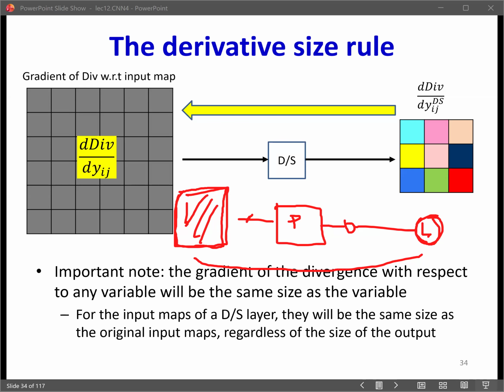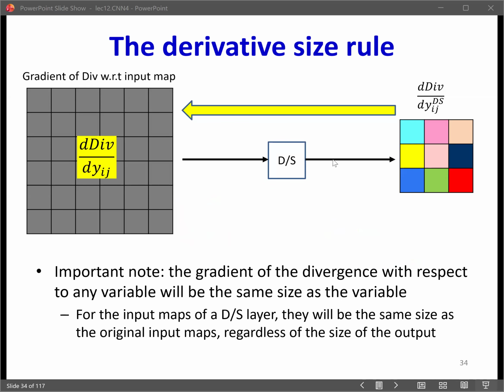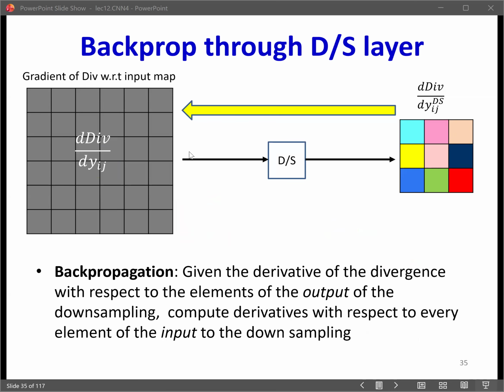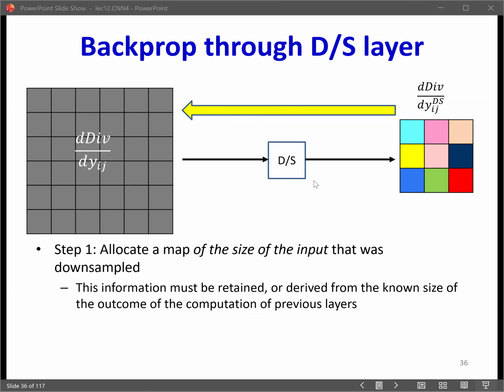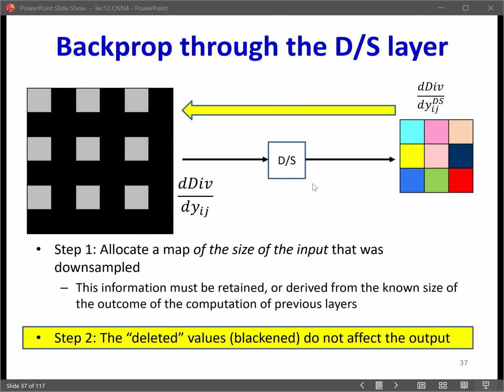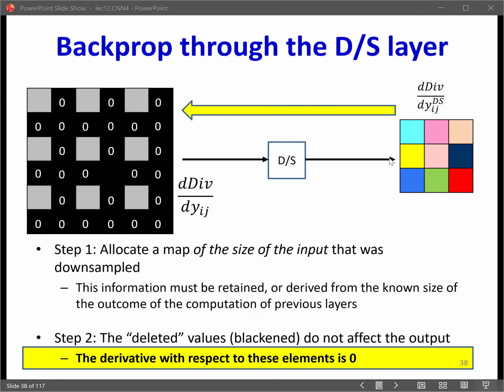Right. And so here's what we would do. We know that the derivative of the input to the downsampling layer should be the same size as the input itself. So the first thing we do is to allocate a map of the size of the input that went into downsampling. Subsequently, we know all the elements that were masked out when the downsampling happened. So their derivatives, as we already saw, are just going to be zero.